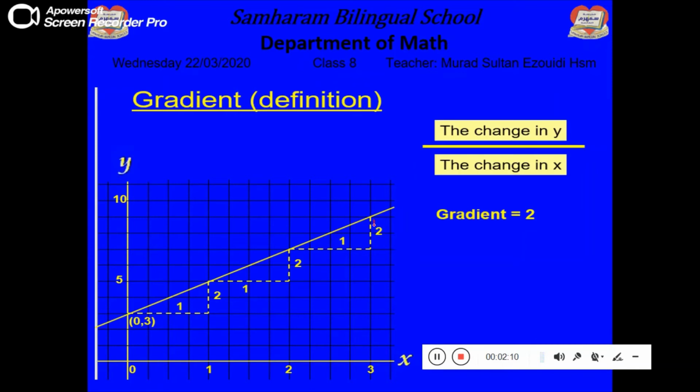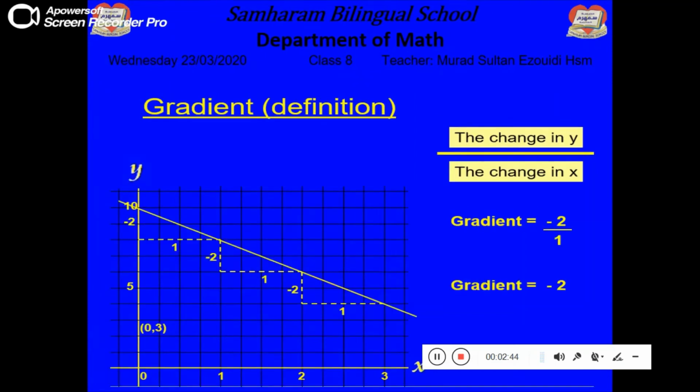Look here, 2 divided by 1 is 2, also 2 divided by 1 is 2, and so on. That's why m equals 2. If we choose, for example, this rectangle, how many units? This is 1, 1, 2, and this is 4. 4 divided by 2 always gives 2.